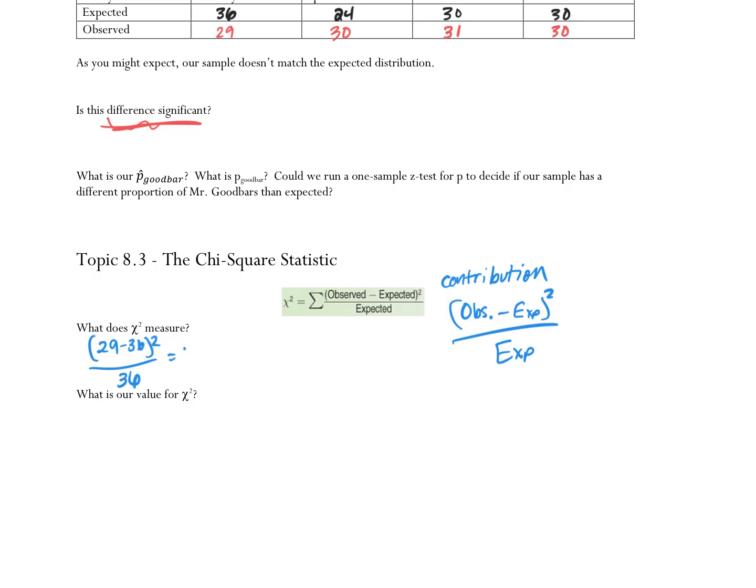And I get 1.361. And we're going to do this for each category, right?